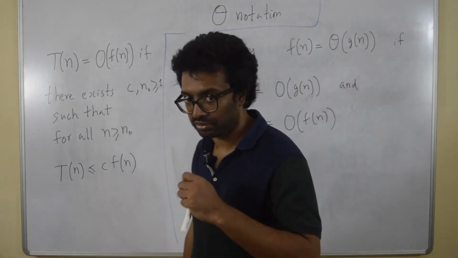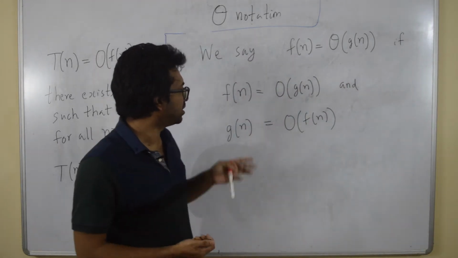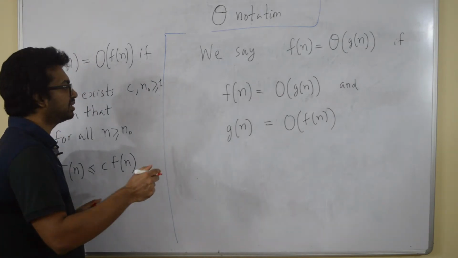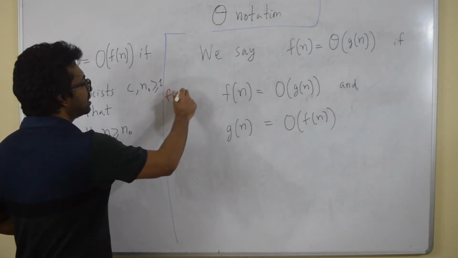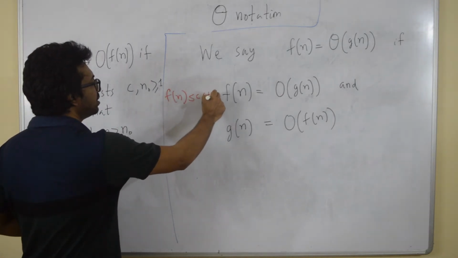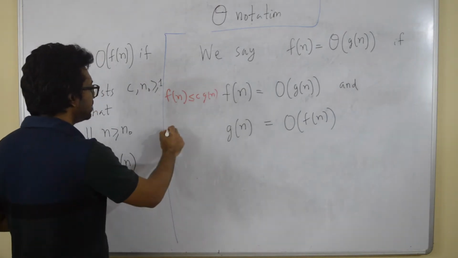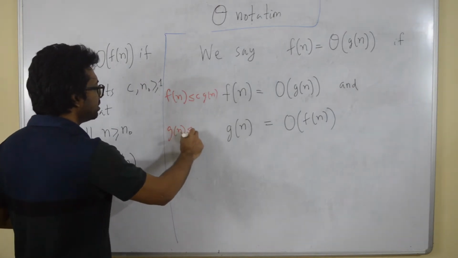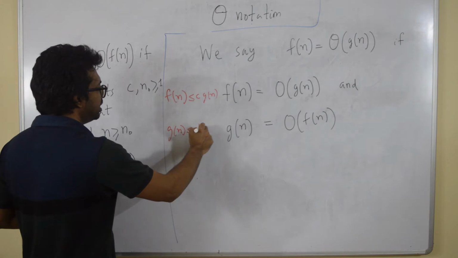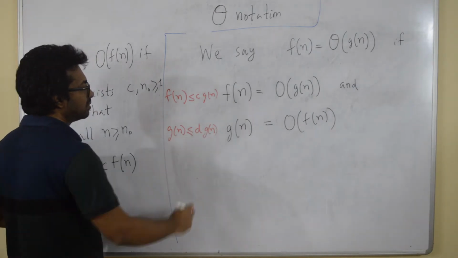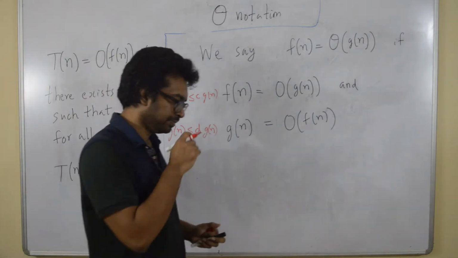So what am I trying to say? What does the first equation say? It says that f of n is less than or equal to c times g of n after some point, and the other says that g of n is less than another constant, let me call it d, times f of n, where c and d are constants.